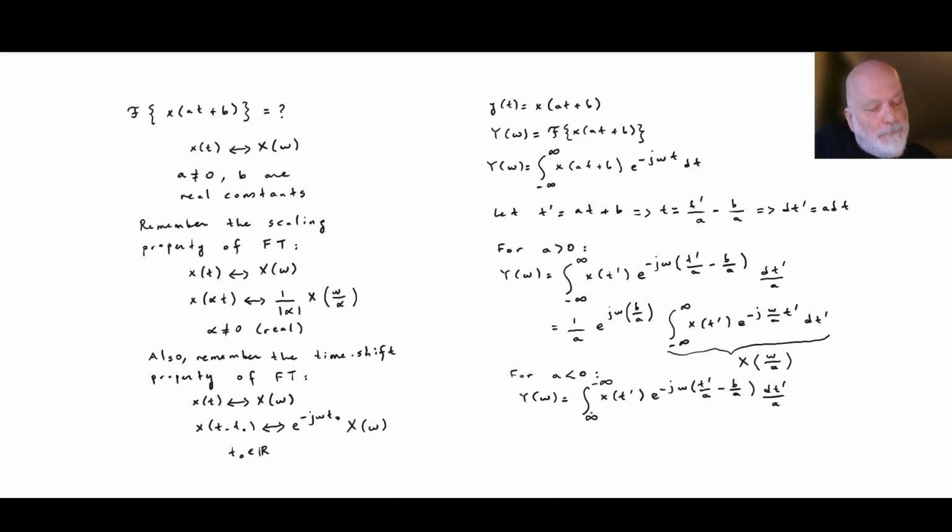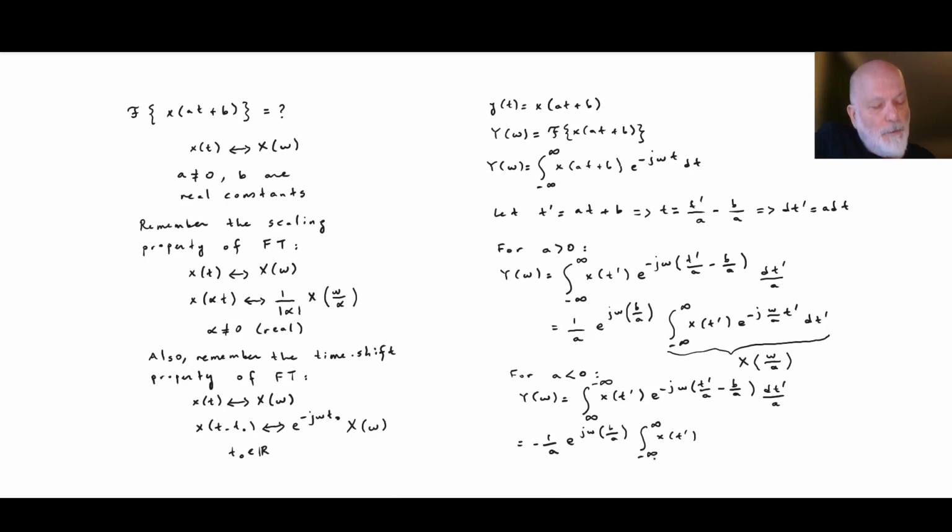Now we can interchange the integration limits, and the integral will be multiplied by minus 1. So we can do that and write down the result as minus 1 over a, e to j omega b over a, and now we have the integral of x of t prime. Since we have interchanged the integration limits, we have minus 1 as a multiplier.